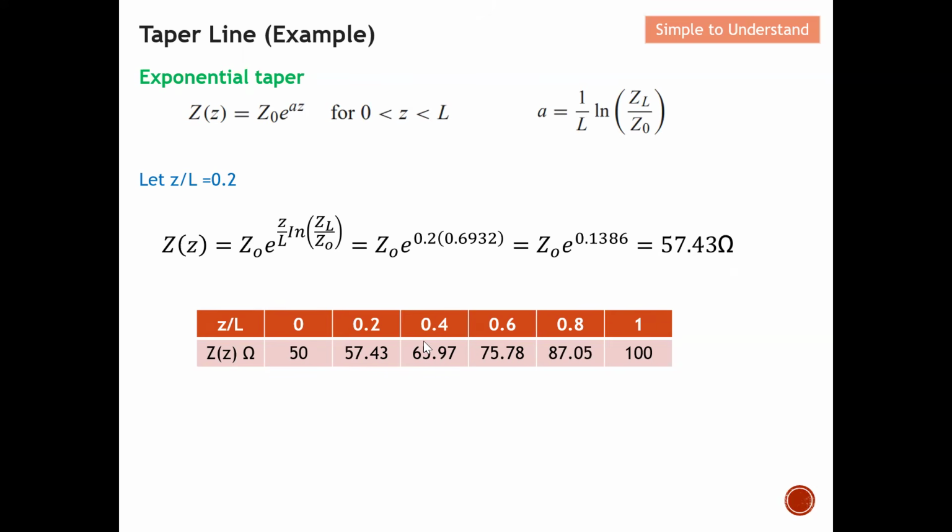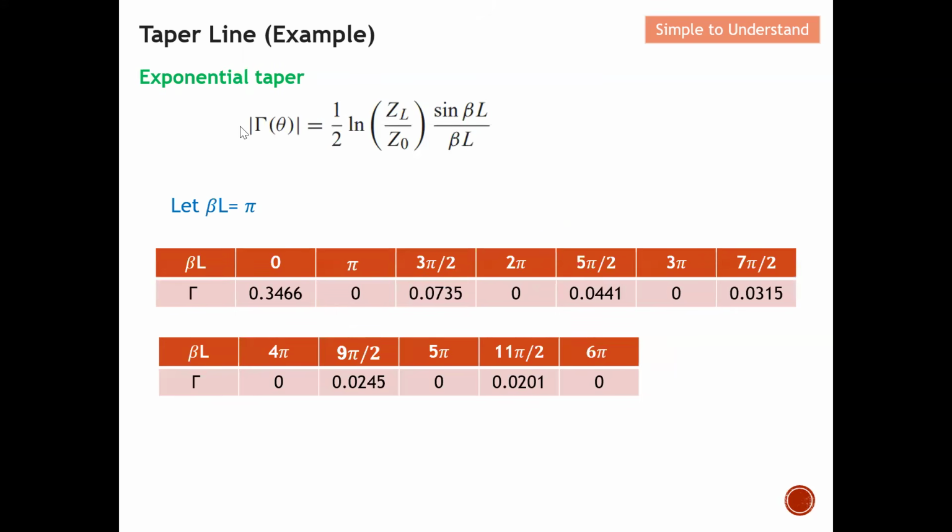I will draw the chart lastly so as to do a quick comparison between the triangular, exponential, and Klopfenstein tapered line. So this will be the reflection coefficient for the exponential tapered line. So this is the equation here. I'll show you one, so basically I pick the easiest one. So when this beta L is equal to pi, so when psi pi is equal to 0, all this thing will be equal to 0, which is here.